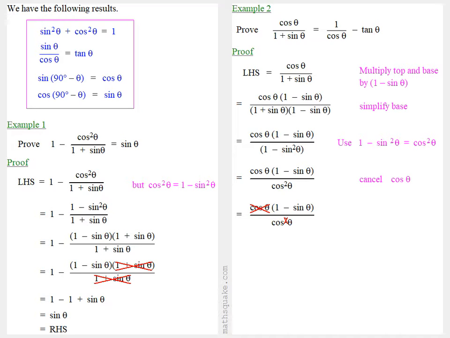And that leaves us with 1 minus sine theta all over cosine theta. Or we can write that 1 over cosine theta minus sine theta over cosine theta. But we know sine theta over cosine theta is equal to tan theta. And so we've got 1 over cosine theta minus tan theta, which is the right-hand side.